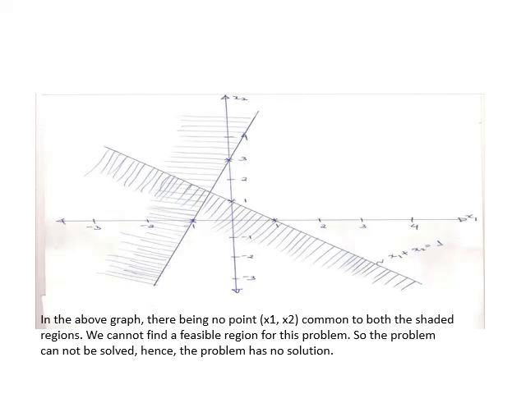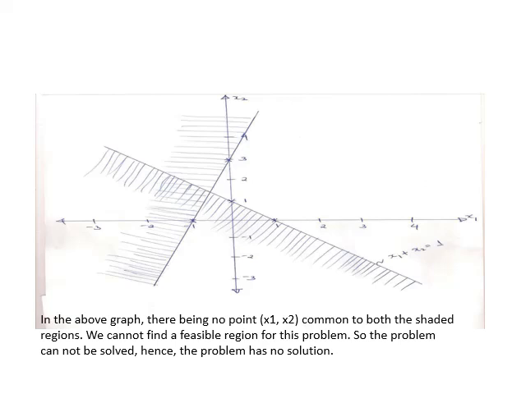So by plotting the points on the graph, as you see, we found various visible solutions, there being no points x1, x2 common to both the shaded regions. We cannot find a visible region for this problem, so the problem cannot be solved.